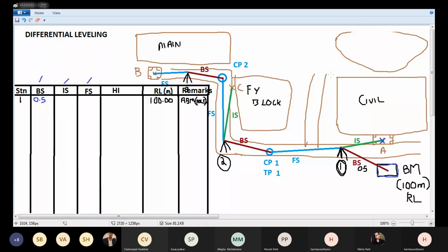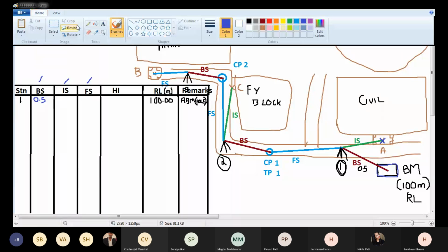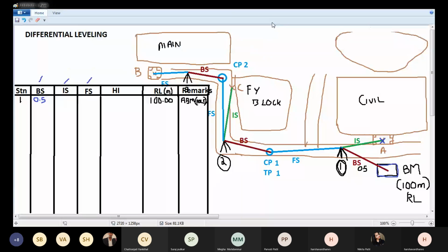Now, I'm taking an example. The example is you're trying to find the difference in elevation between two points, point A and point B. Point A is the civil block floor and point B is the main building floor, the front portion floor.